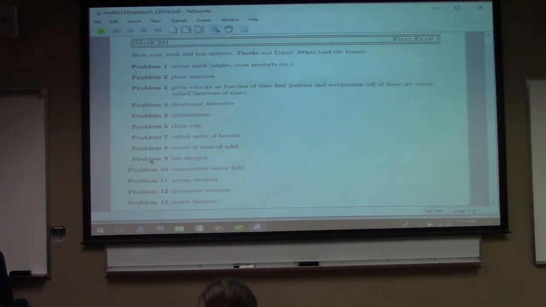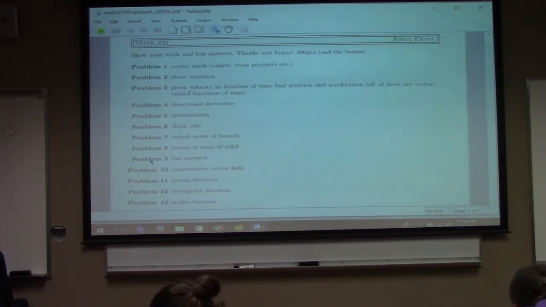You can't find the position as a function of time, right? If I give you the velocity and you want to find the position, for example, it's been a while since we did this. Let me just write one out. Suppose I give you v of t, t squared, cosine t, 1. If I say find the position, you should say, that doesn't make any sense, right?